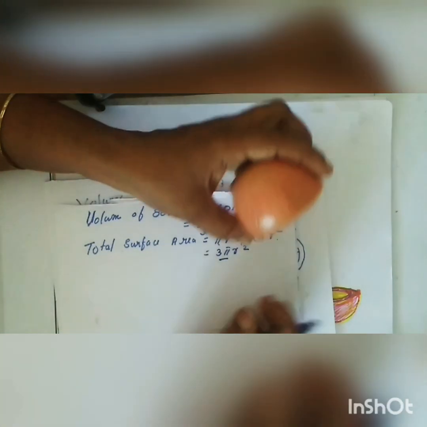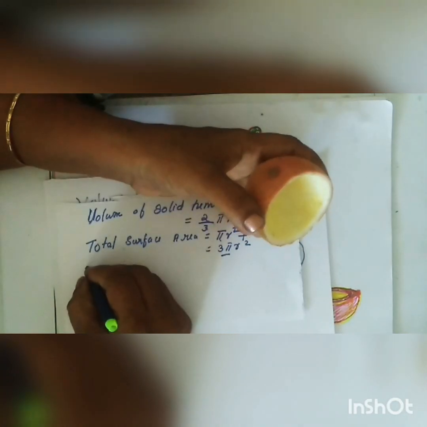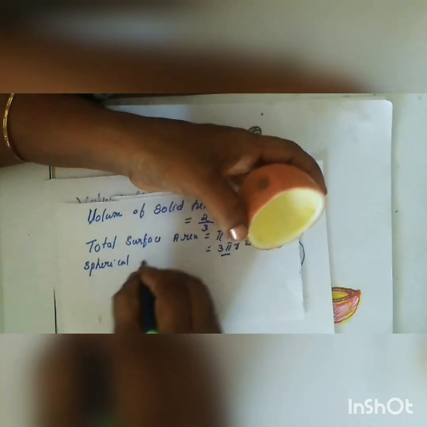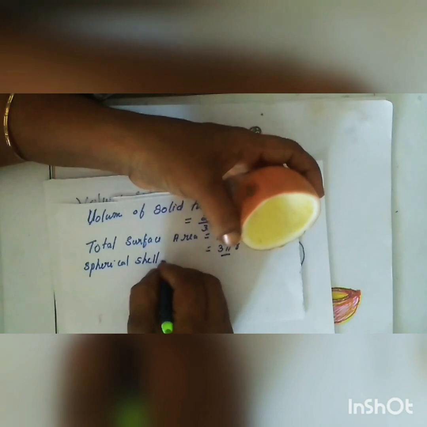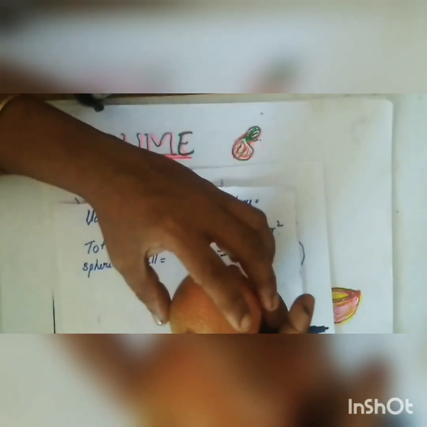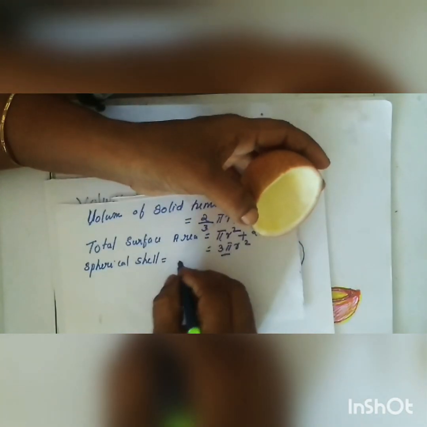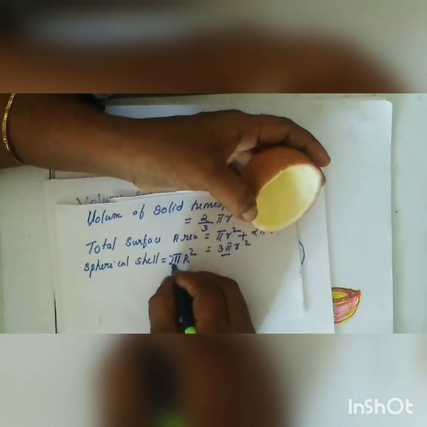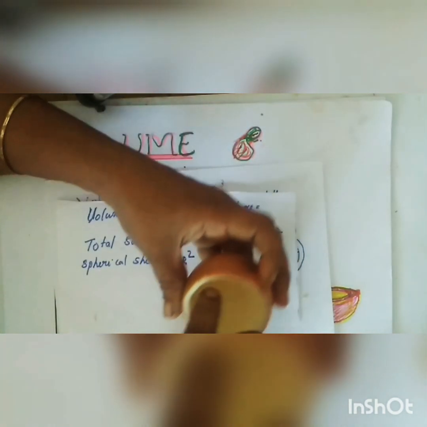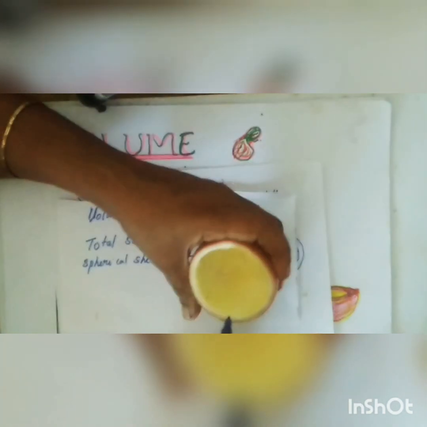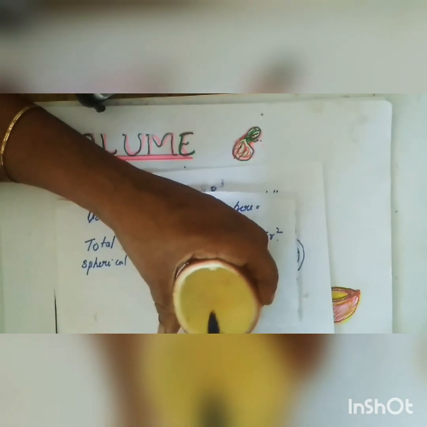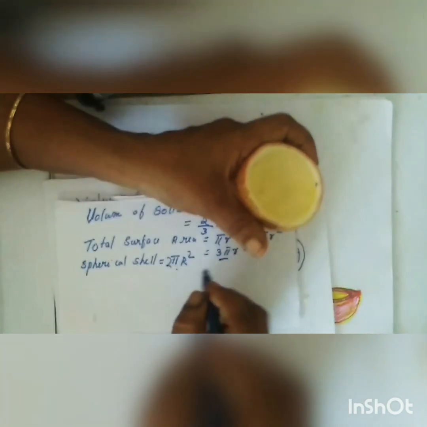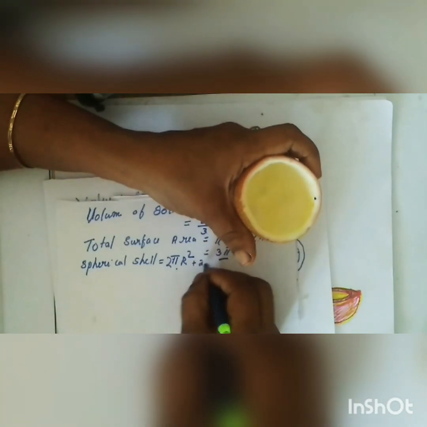Therefore, for a spherical shell, the outer curved surface area is 2 pi capital R square. Inner curved surface area, this small r represents the radius from the center to this inner portion, that is 2 pi small r square.